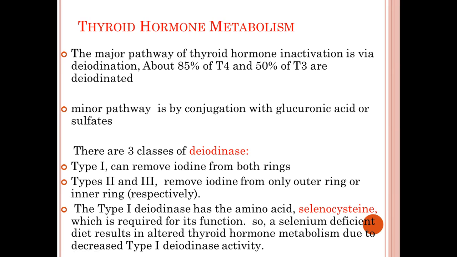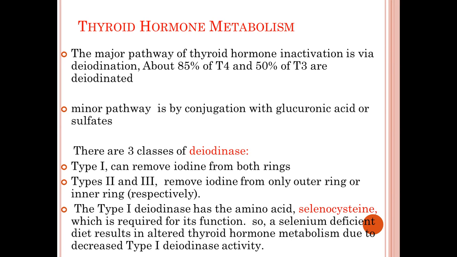How are the thyroid hormones metabolized? The major pathway: thyroid hormones are inactivated by removal of iodine by the process of deiodination. The minor pathway is through conjugation.